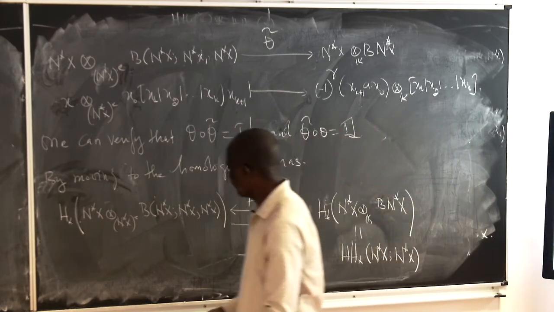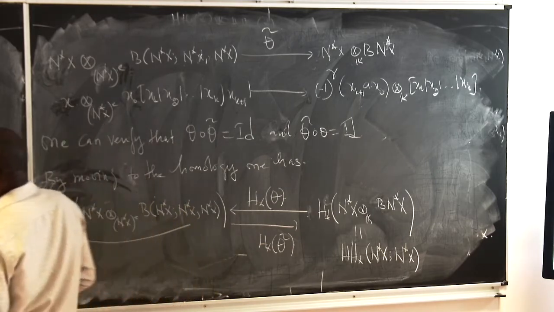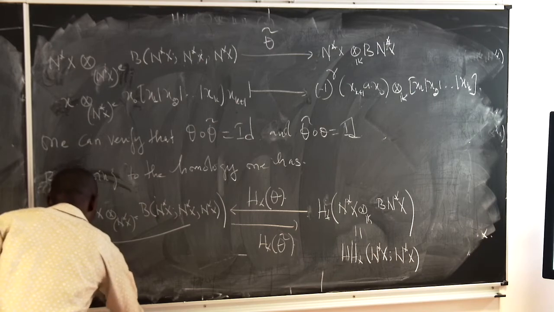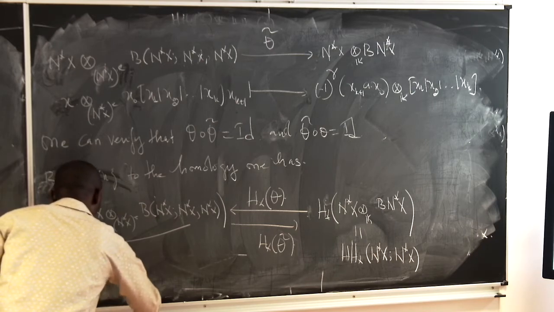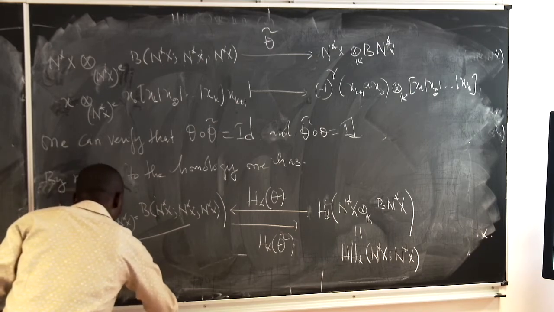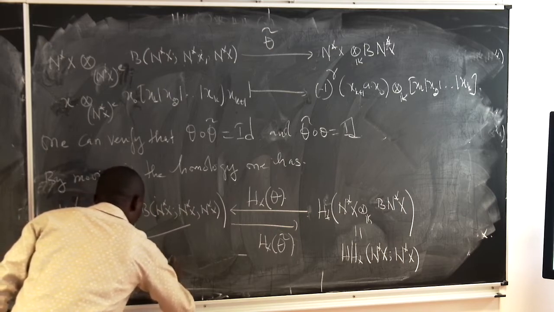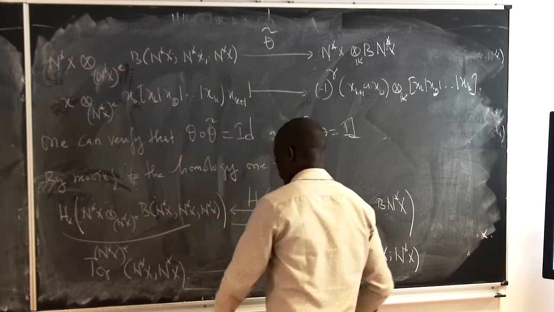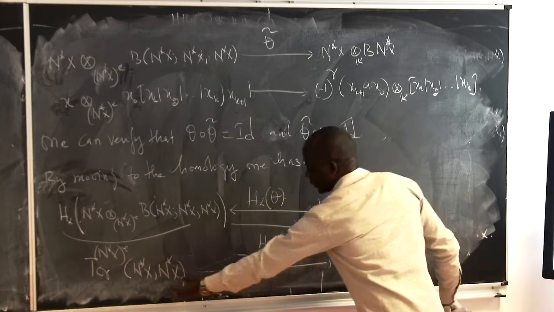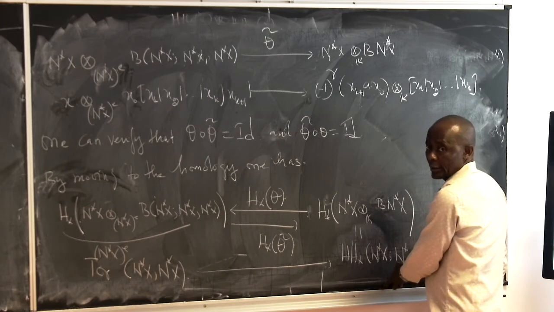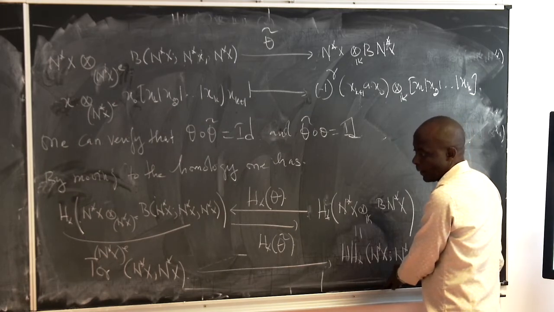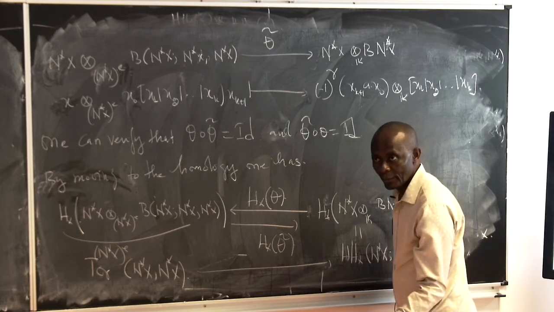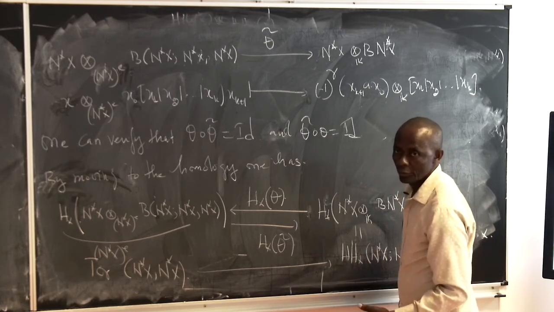This one is the Eilenberg-Moore Tor. So we have a bijection here between these two terms. But we don't know whether this bijection is an algebra bijection or not.